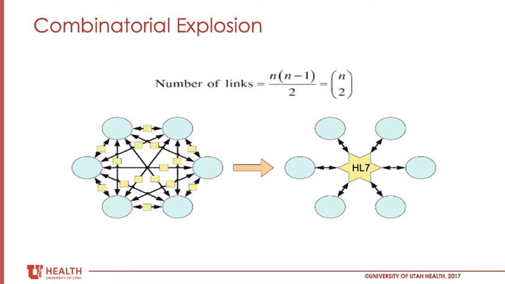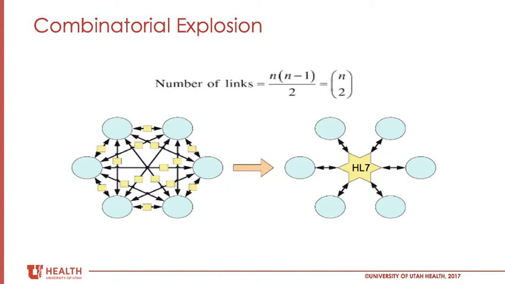The number of links needed to connect n different systems increases according to the formula that we can see in the slide. If we want to link only two nodes, we would only need one interface, which is kind of easy, and it's something that people can just decide what type of interface we are going to use.